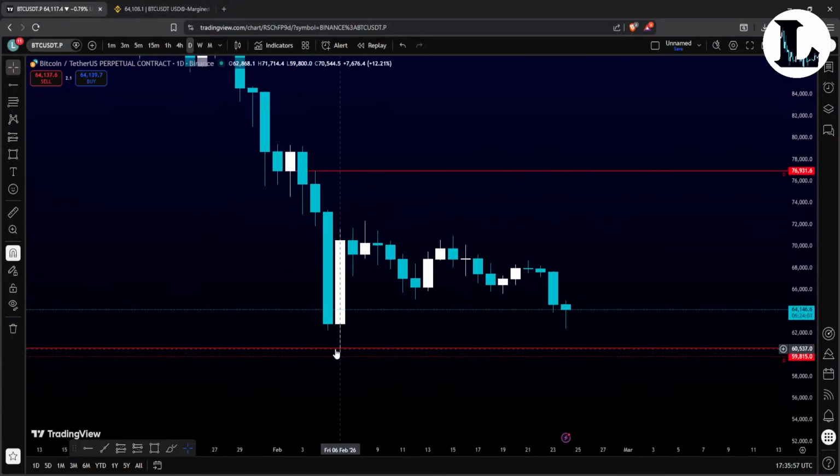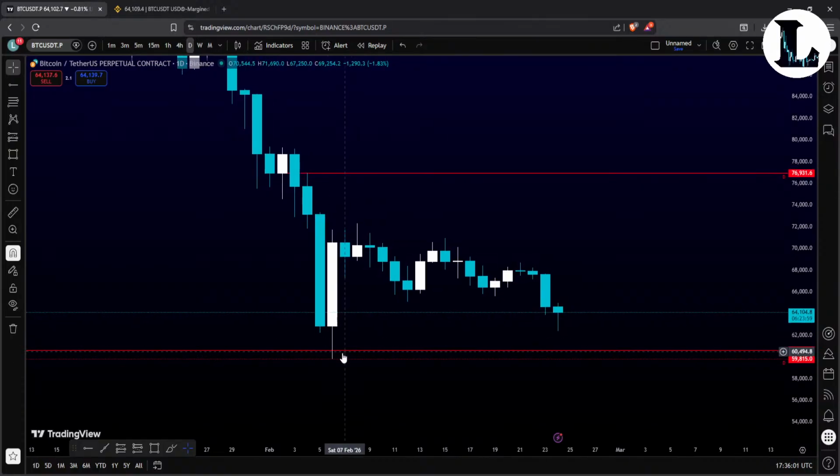We already know that we went to a support and a liquidity level, right? So if you forget about the liquidity level, okay, we went to the support, but we failed to create a big support here, okay, on the test.